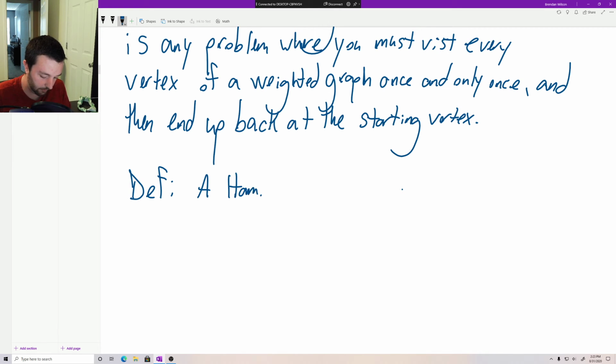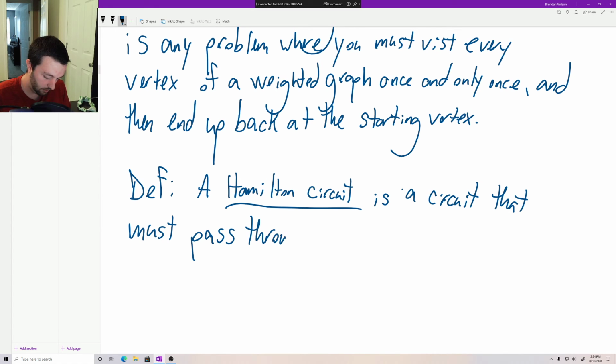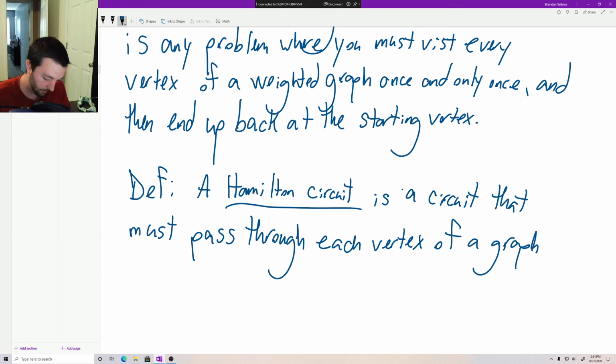A Hamilton circuit is a circuit, meaning we start and end at the same vertex, that must pass through each vertex of a graph once and only once.